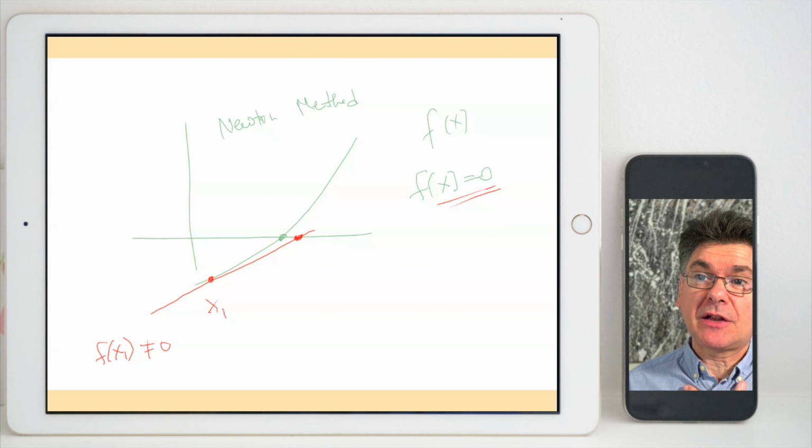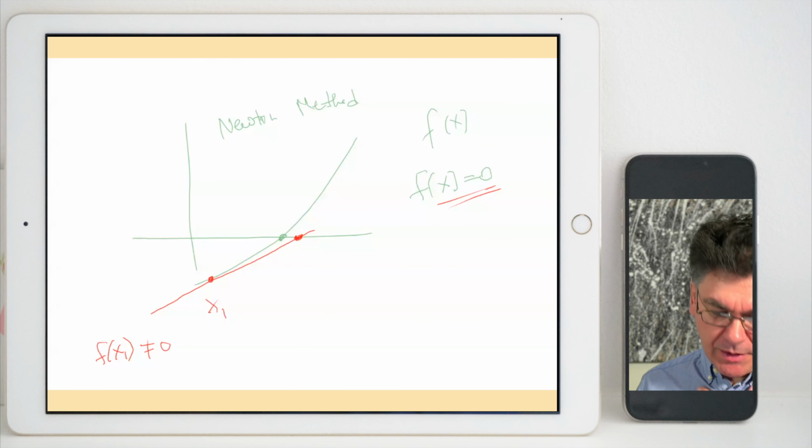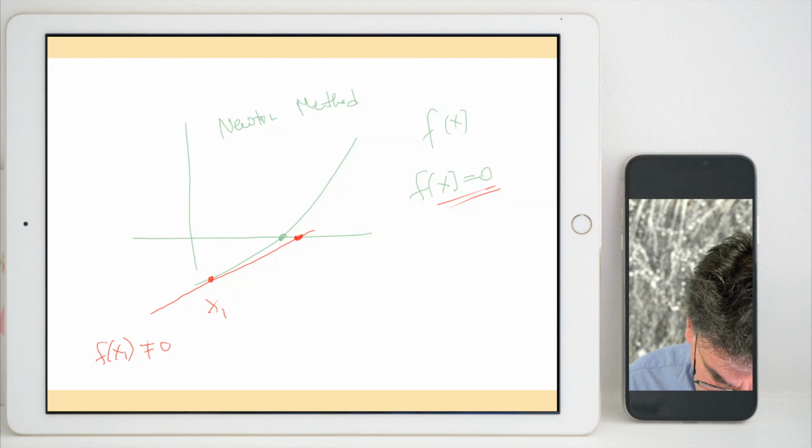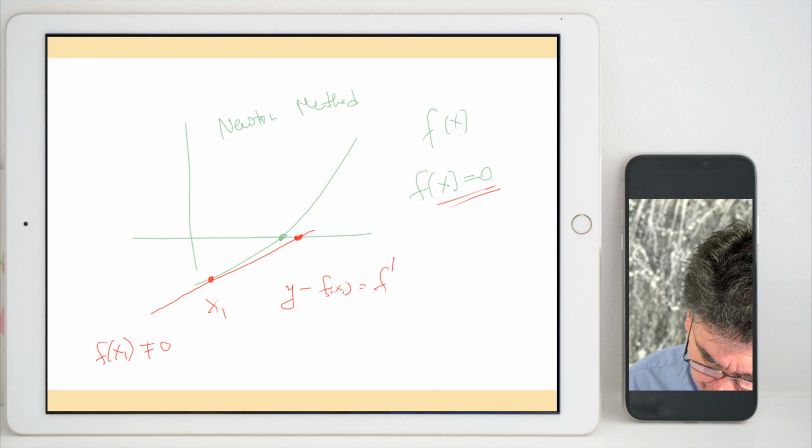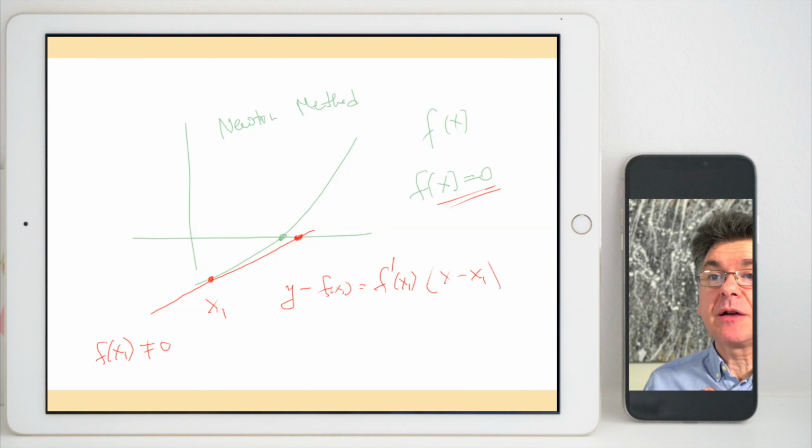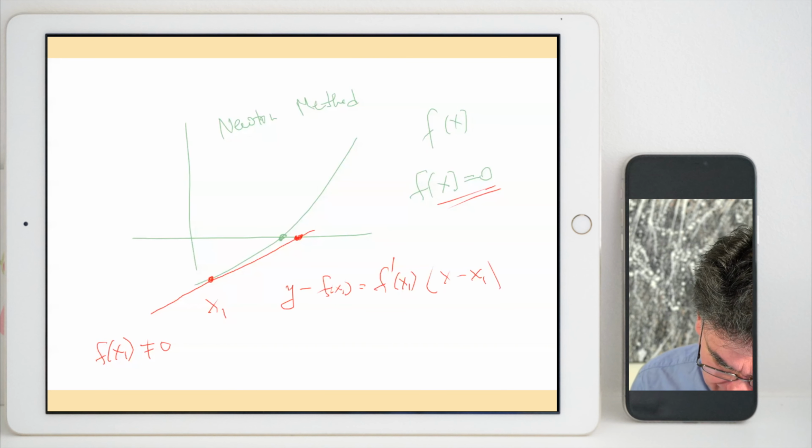The advantage of that is that you know what this is, because the tangent line here has an expression: y minus f of x1 equals the derivative at x1 times x minus x1. That's the equation of the tangent line. This is the equation of my tangent line right there.